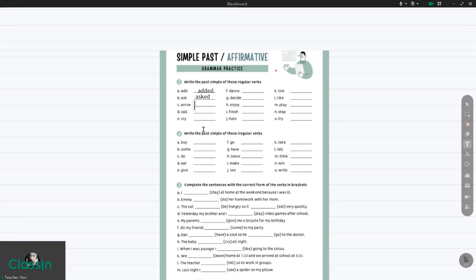It's going to be arrived, right? We're just going to move everything. Okay. A little bit. There you go. And for our letter D, it's call. What's the simple past tense of the verb call?